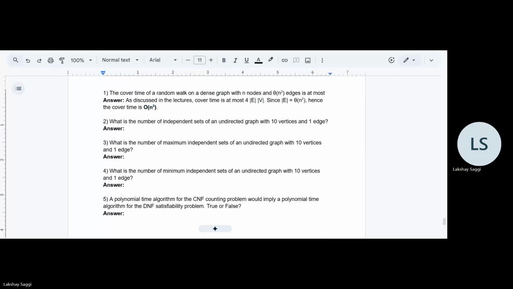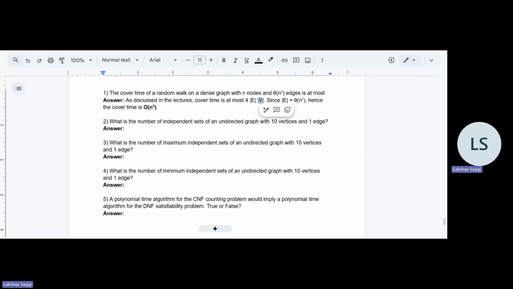Why am I not writing theta, but writing big O notation here? This is because we know that the cover time is at most four times m times n, but it might be that in some cases it is not really this large, but somewhat smaller.